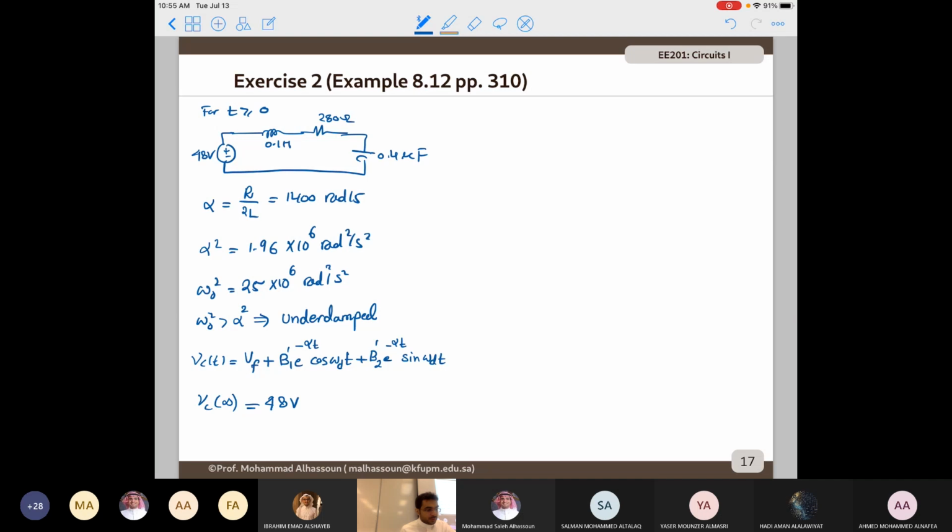So what about omega D? Omega D is the square root of omega naught squared minus alpha squared, and if we solve for it, we'll end up with 4,800 radians per second.